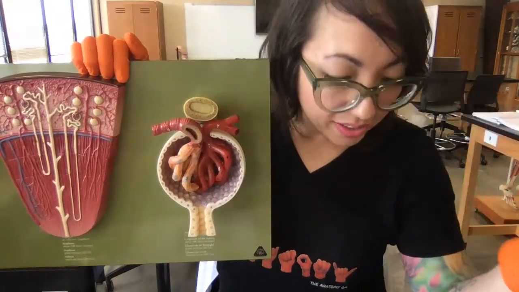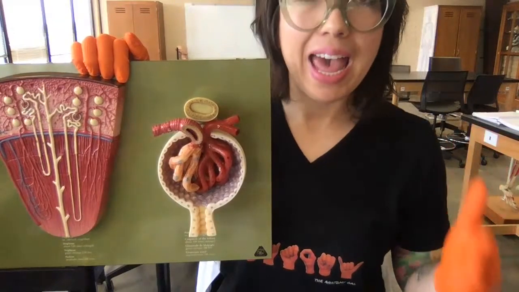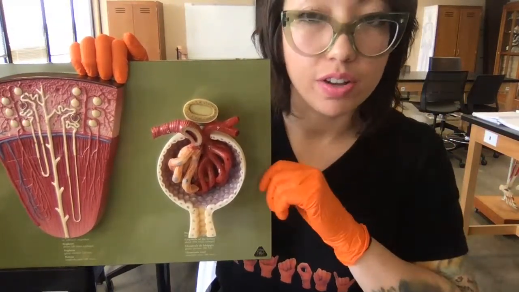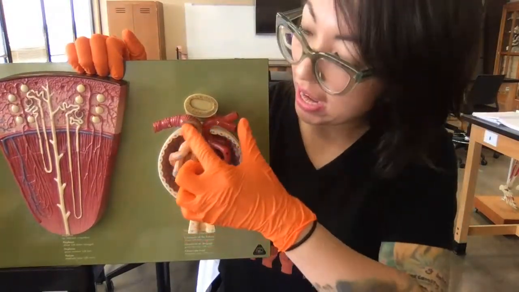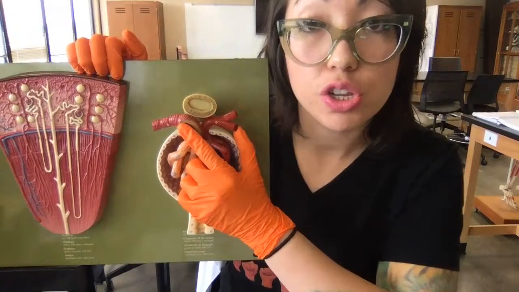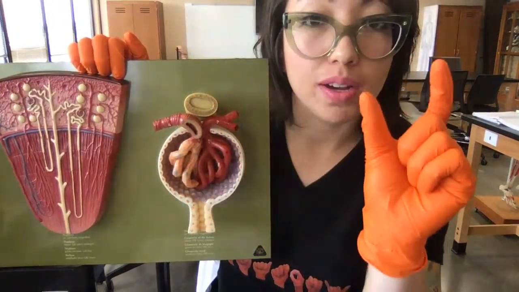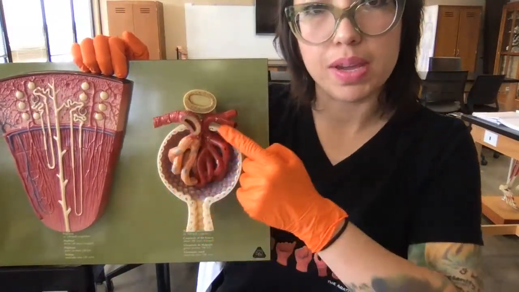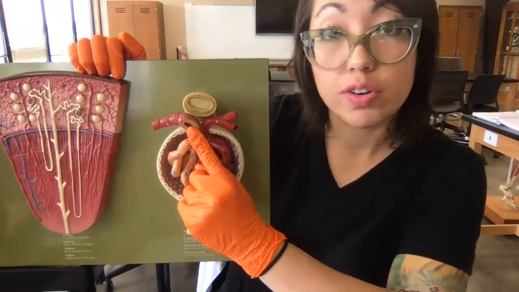We have the granular or juxtaglomerular cells of the afferent arteriole. One way you can tell the difference between the two arterioles is that the afferent arteriole is always the bigger one. Okay, so when we're looking at these two right here, you can see that this one is clearly bigger than this one, so you know that's the afferent arteriole.